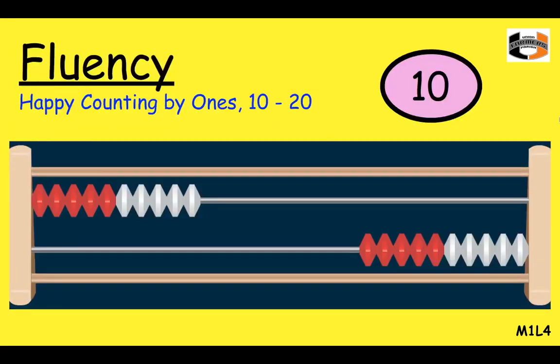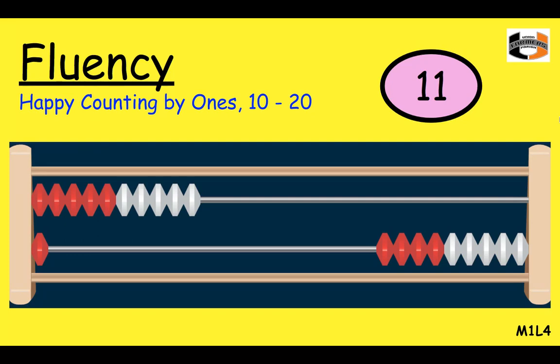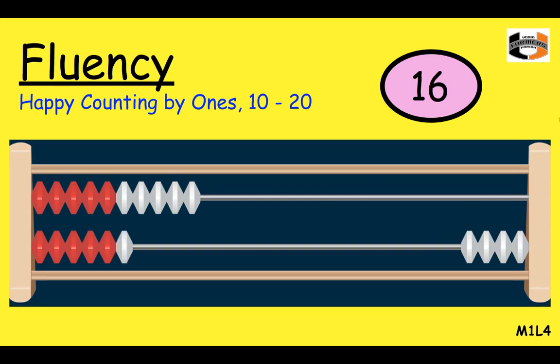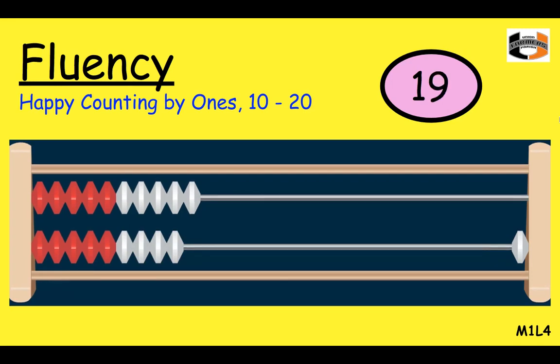First is our fluency exercise. Here you can see our Rekenrek is pulled out. We're going to start with 10 and count by ones. So we already have 10 beads pushed to the side, and we're going to go from there. 10, 11, 12, 13, 14, 15, 16, 17, 18, 19, 20.